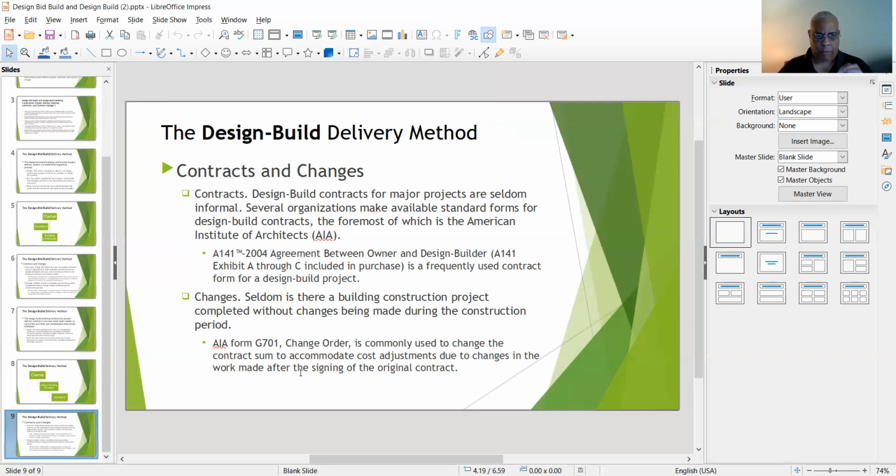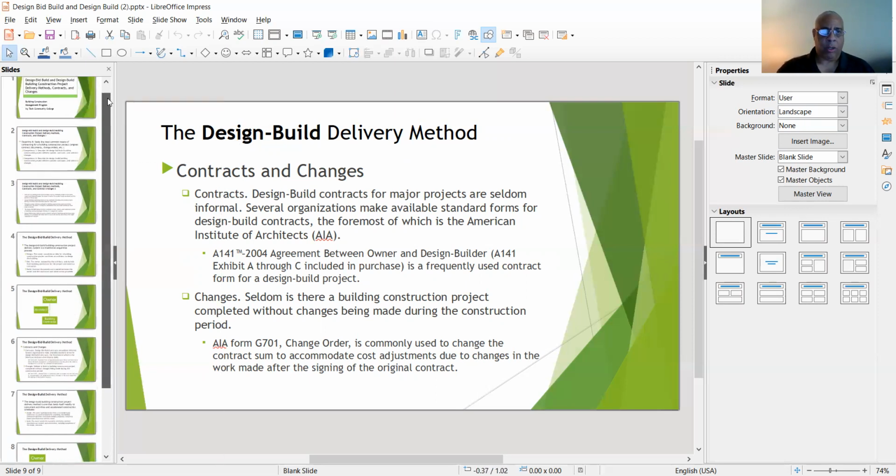And AIA Form G701, the change order, is commonly used to make cost adjustments to the original contract due to changes in the work.